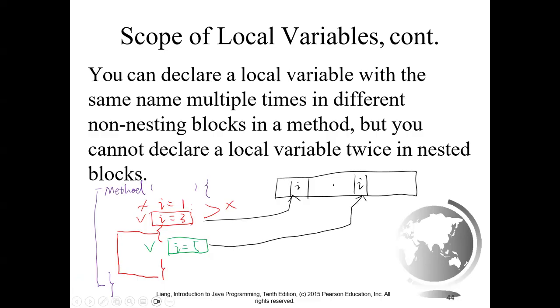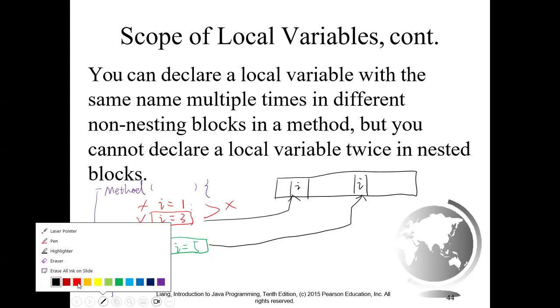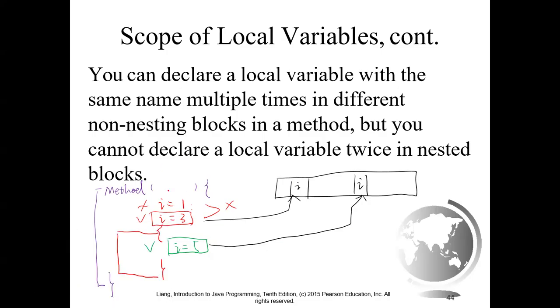So that makes the two i exist together. The thing is, if the two i are declared in the same block, all these things refer to this block. That's why initially it is 1, and then the second time i becomes 3, and the 1 is overridden by the 3. So that makes the first line, i equals 1, invalid.